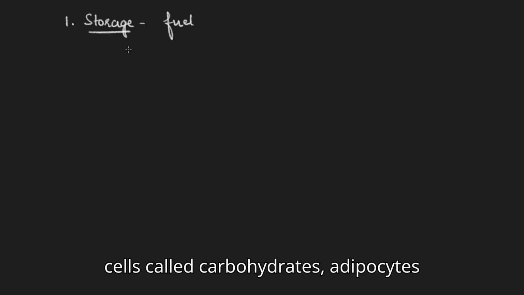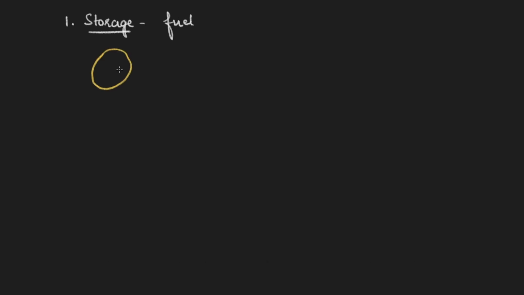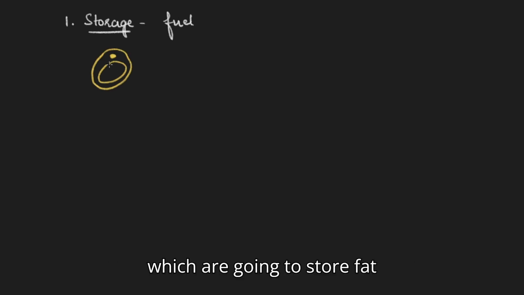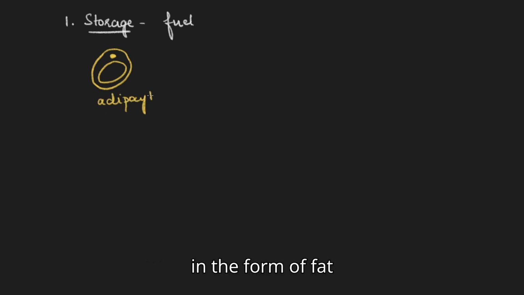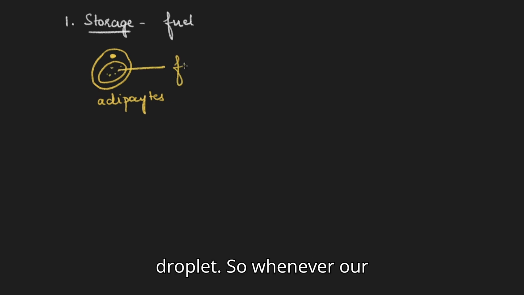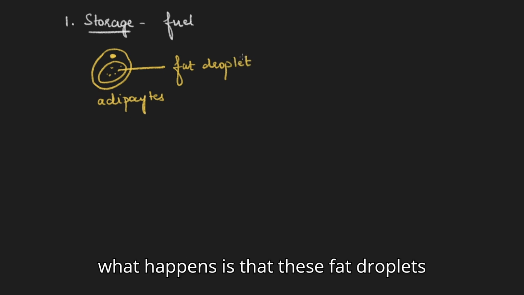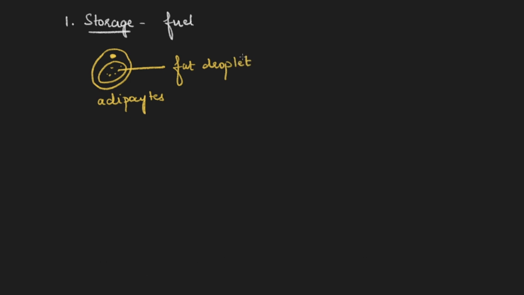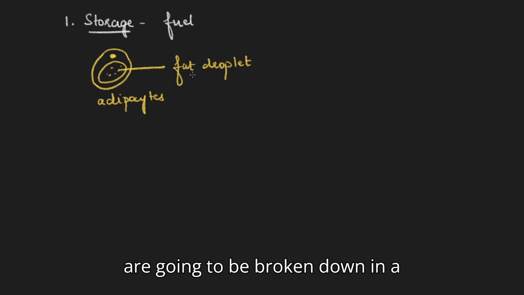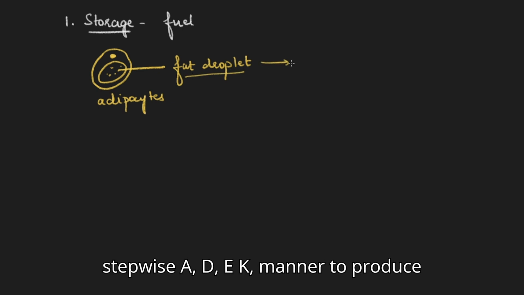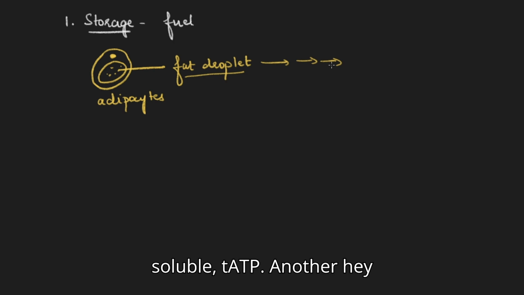There are specialized cells called adipocytes, which store fat in the form of fat droplets. Whenever our body is low on carbohydrates, these fat droplets are broken down in a stepwise manner to produce ATP.